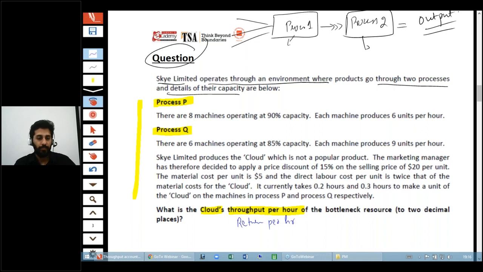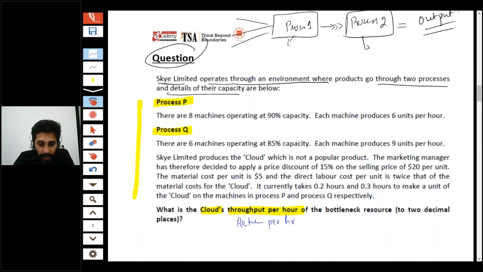All right. Now, the question here is that there are 8 machines operating at 90% capacity. We need active time, right?